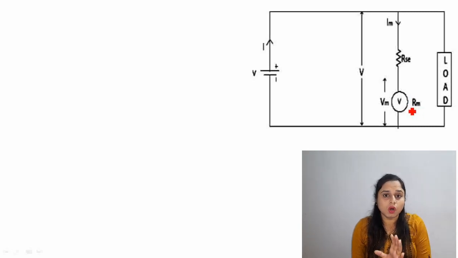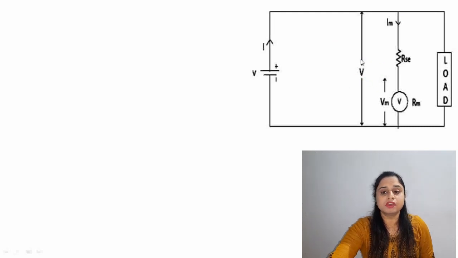We already know all these parameters. And the current flowing through this series branch is the meter current denoted by Im. And the complete voltage across this load is denoted by the capital V.